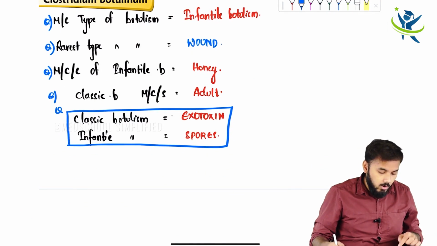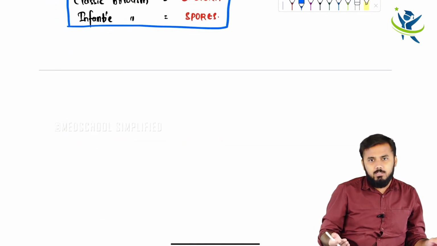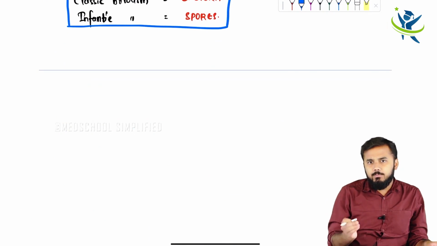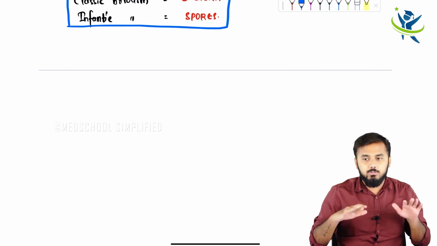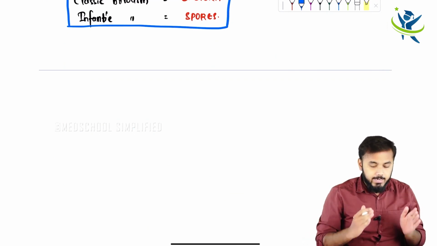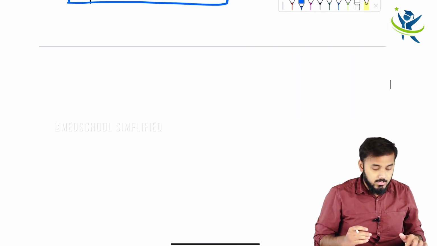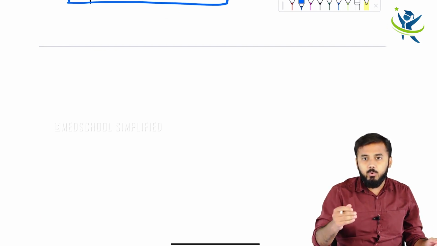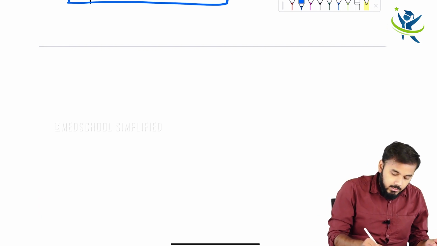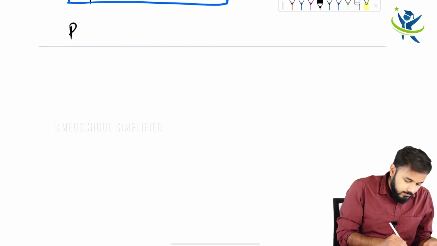Now we shall be focusing on the pathogenesis, how Clostridium botulinum is going to affect your body, and what the different types of effects are. Right, guys? Now stop writing the notes. Pay attention to what I'm telling you now, because this pathogenesis will play a very important role and make you understand the symptoms. So let us discuss pathogenesis.